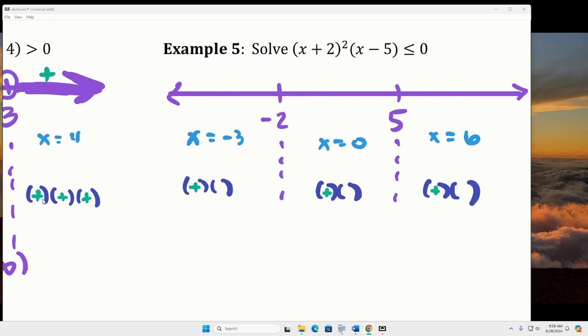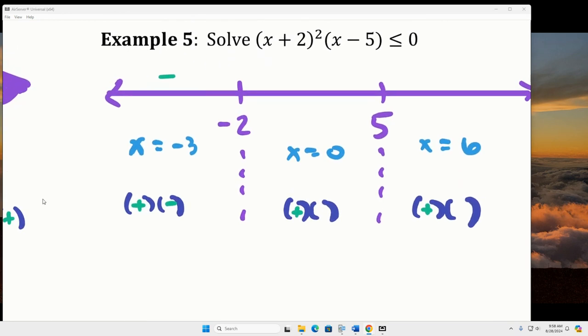So remember, anytime you have a negative and I subtract from it, it's definitely a negative. And then a positive times a negative is a negative. All right, 0 minus 5 is going to be a negative.